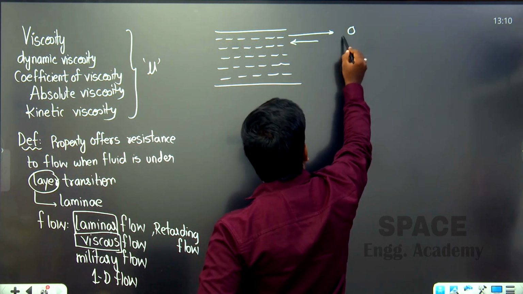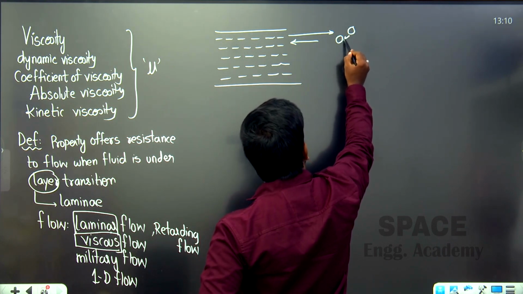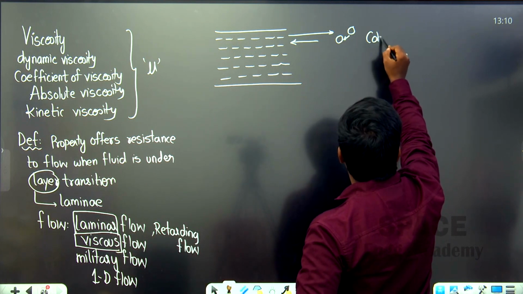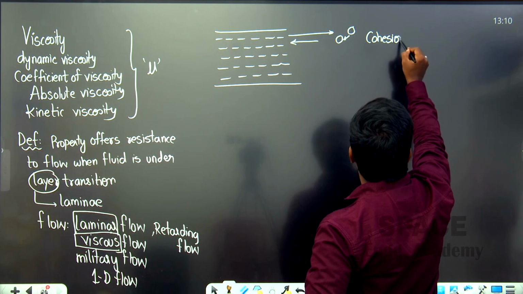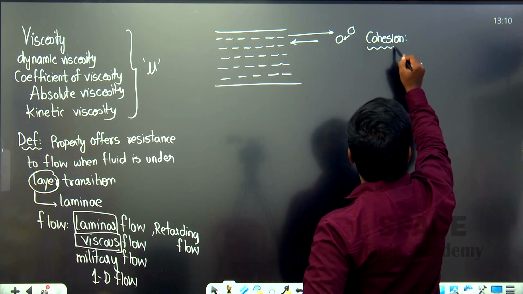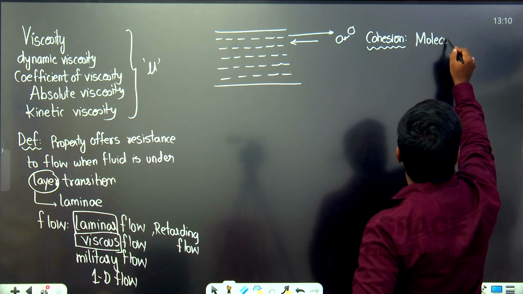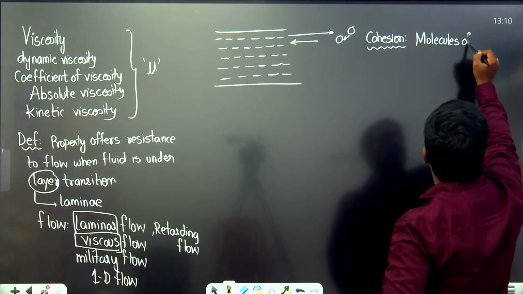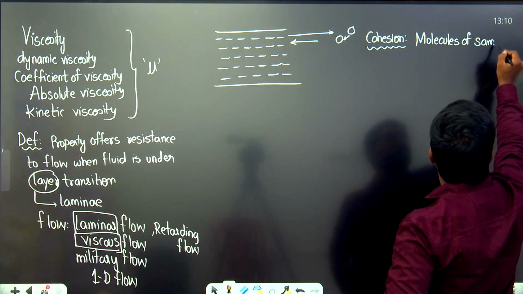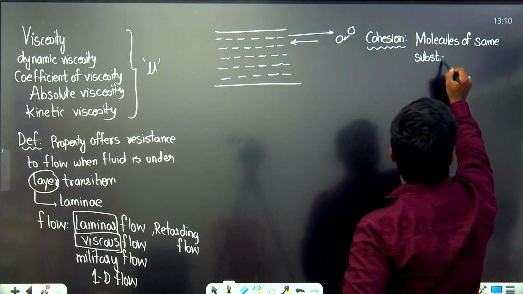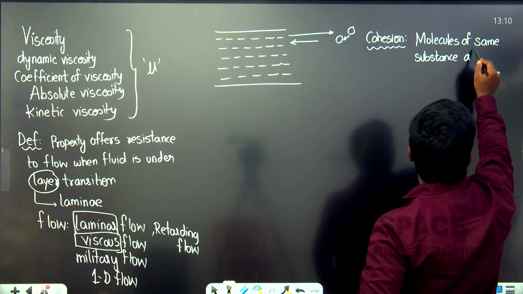When molecules of the same substance attract each other, that is called cohesion. Cohesion is the phenomenon with which molecules of the same substance attract each other.